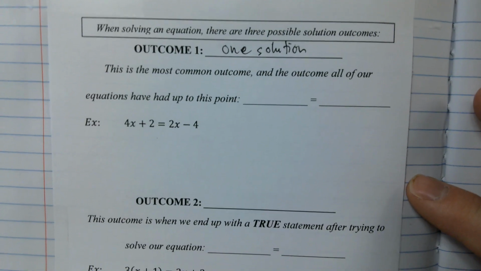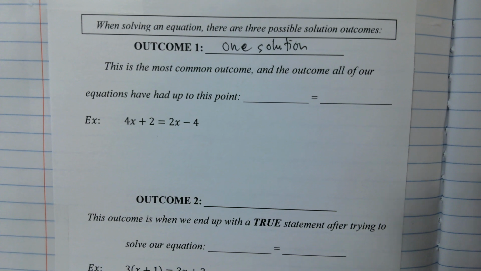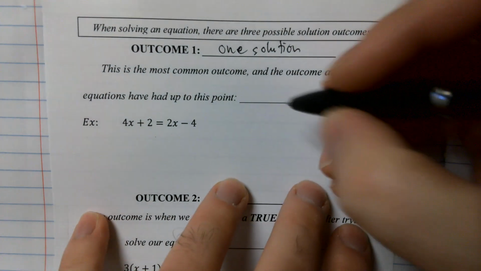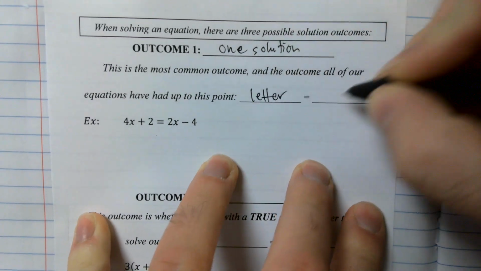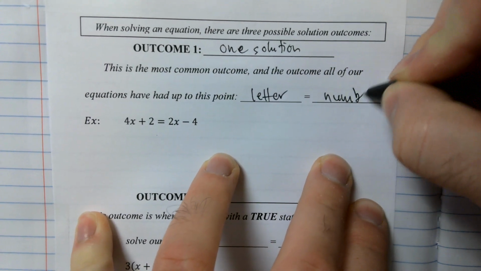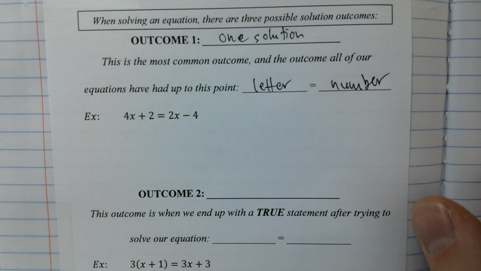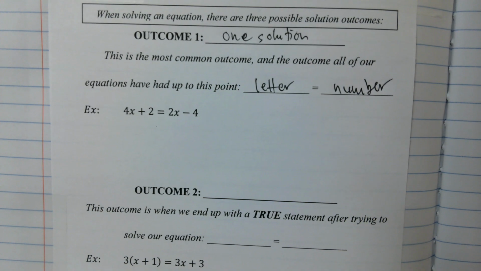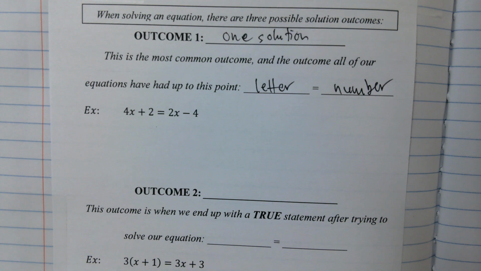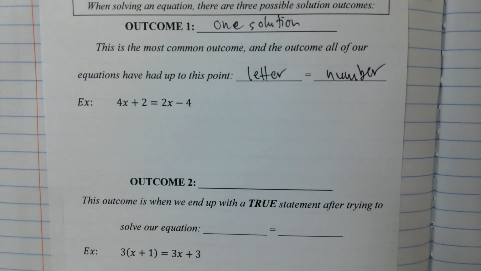We know that we have one solution when we end our equation process with letter equals number. Even if that number is negative, even if that number is a fraction, even if that number is 0, if we have letter equals number, our outcome is one solution.